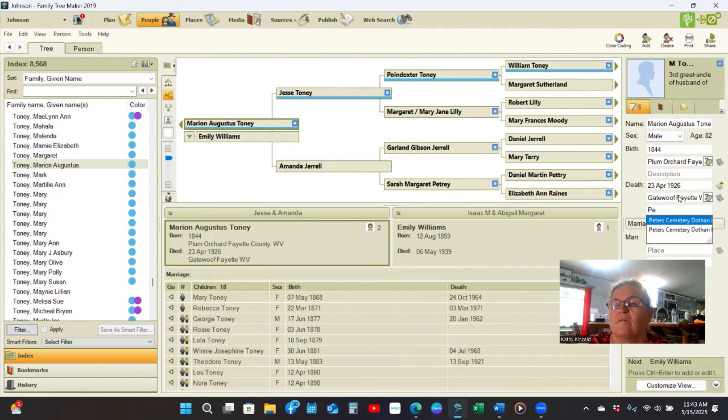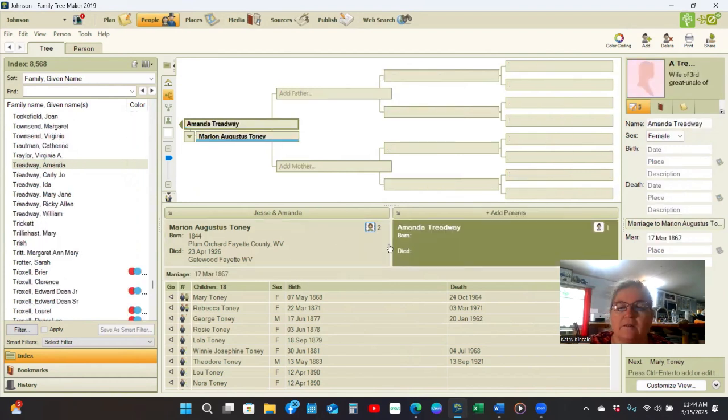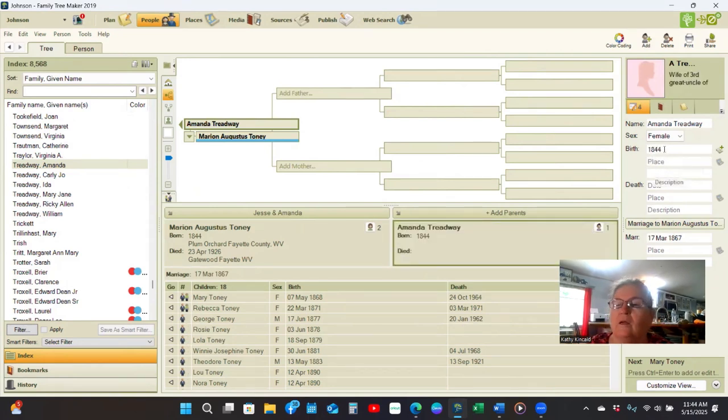Okay. And then he was married a second time to Amanda Treadway. And since I do not have her birth date in there, I'll put that in, which was 1844 and 1876.